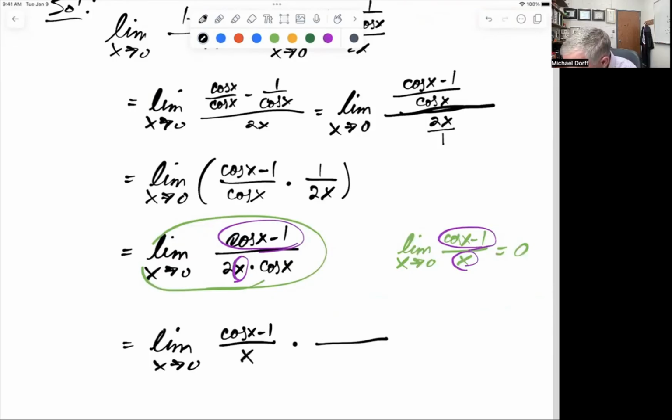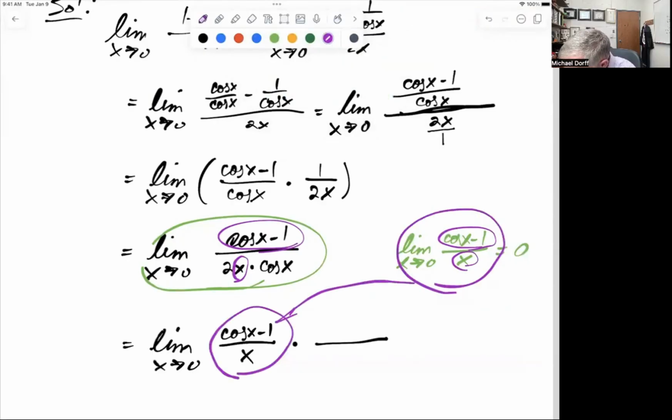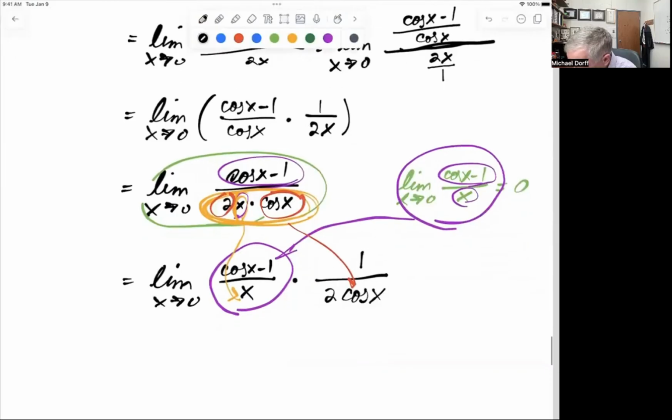I want an x, because then it would match up with this. If I take that x out, then I'm left in the denominator with, in red, the cosine x and the 2, and that's what goes down here. But what do I have in the numerator? I've taken everything out of the numerator, so I'm just going to have a 1 left there.